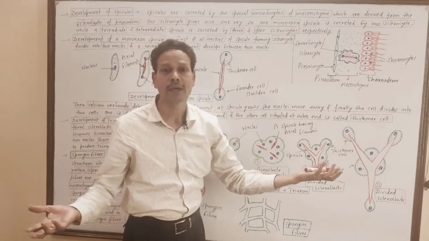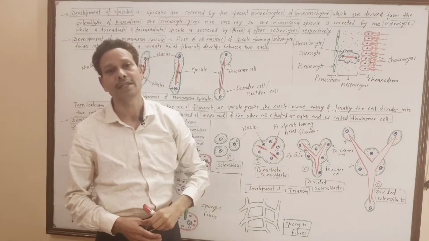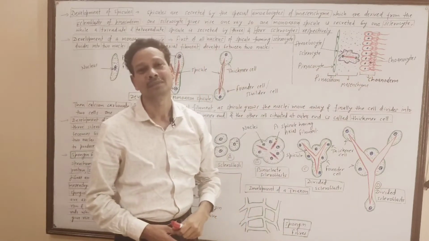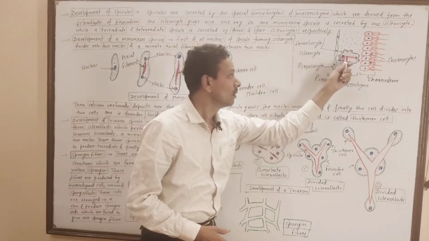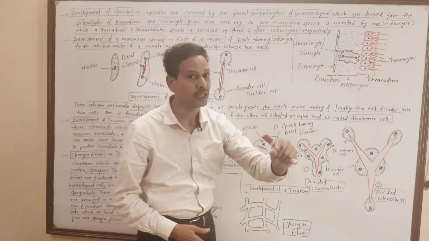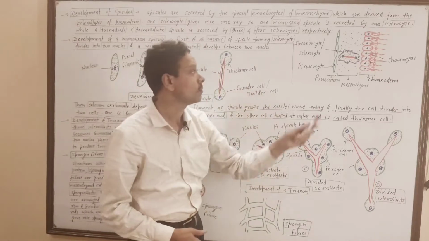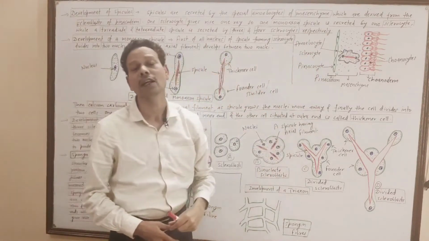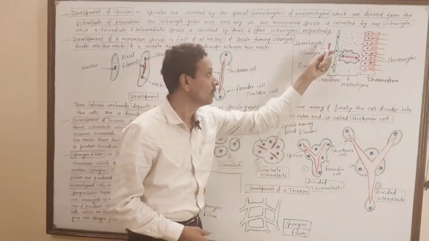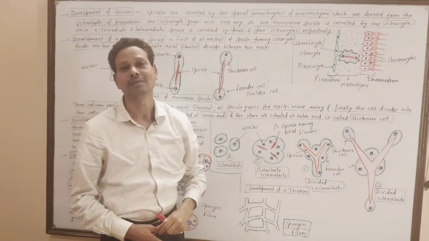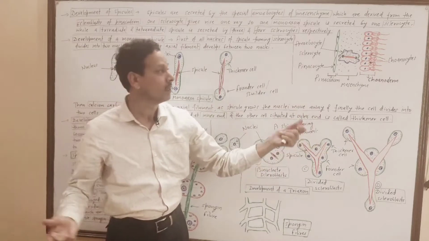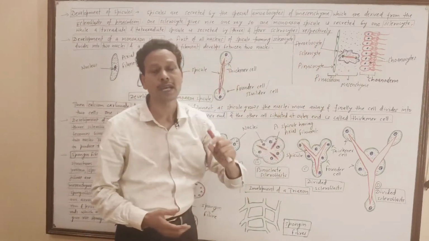It is non-cellular, but it derives some cells from either the pinacoderm or choanoderm. The spicule-secreting cells, amoebocytes or sclerocytes, are derived from the outer layer, the pinacoderm.